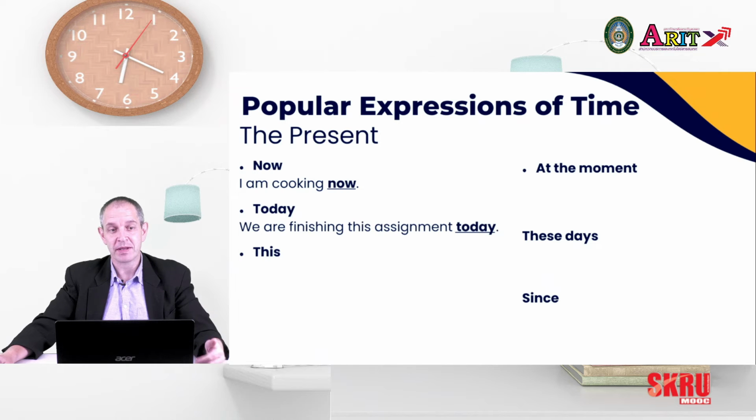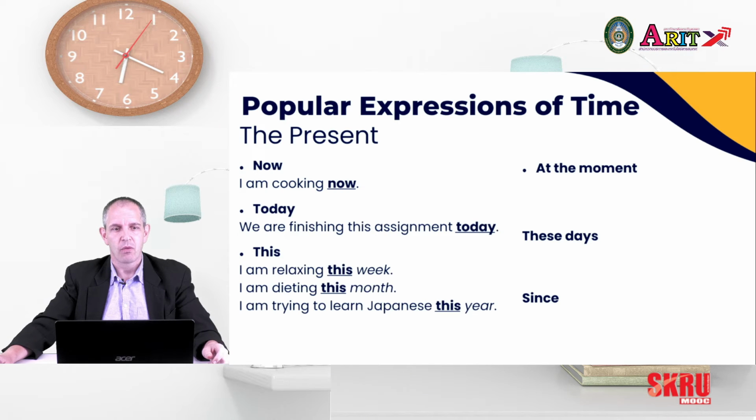We are finished this assignment today. We have this, so this week, this month, this year. And so we have present continuous showing that the action is still ongoing. So at the moment is similar to saying now.